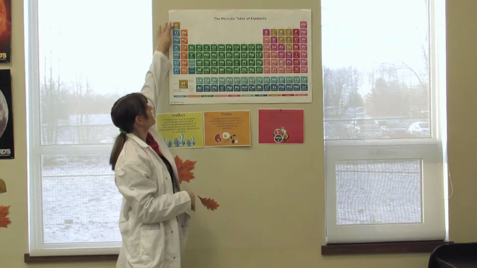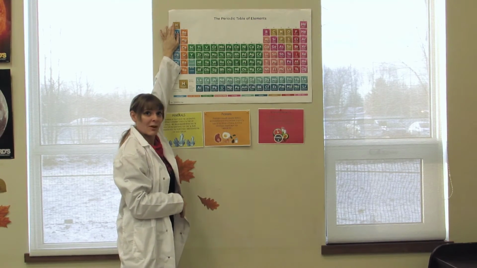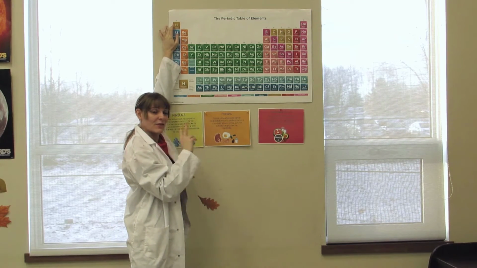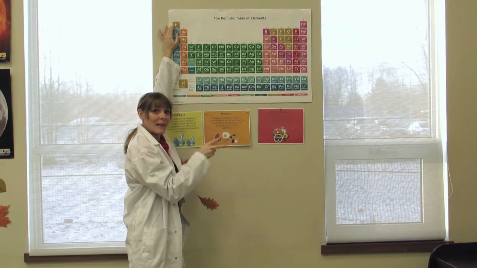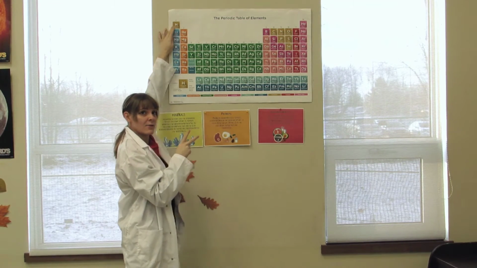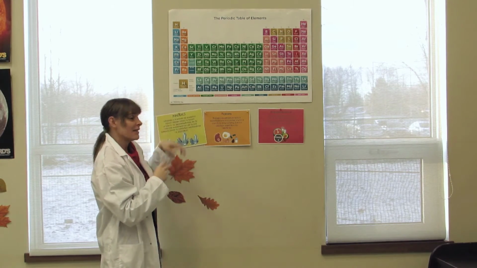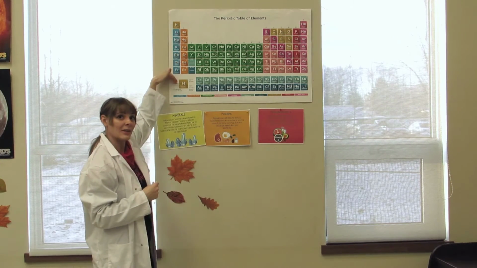If we look at the periodic table, you can see that the top row only has 2 elements inside of it. So the first period only has 2 elements in it. And as you go down the table, more and more elements get added to it. In total, we have 7 periods.